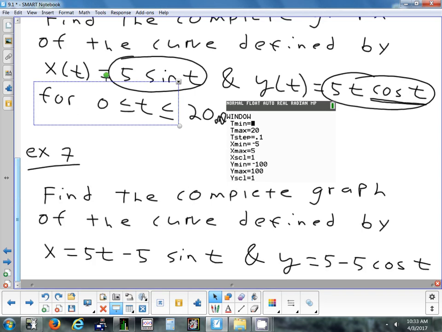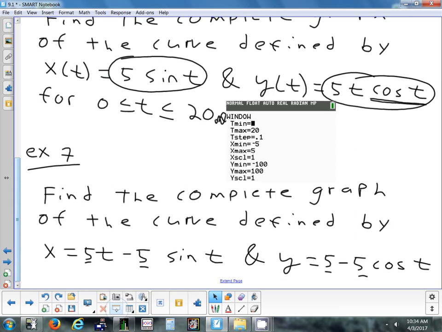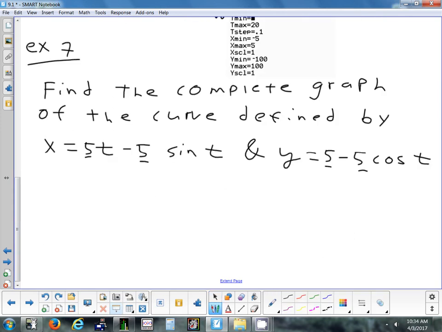Okay, and the last one we'll look at is this one. One thing I want you to notice is that there's a 5 in both spots there and both spots there. Okay, let's look at, are there any terms in either x or y that would just continue to grow if t got bigger and bigger?